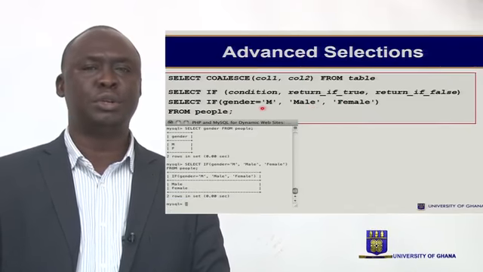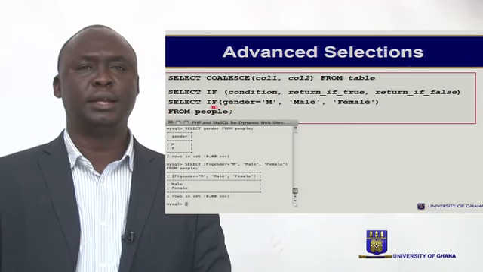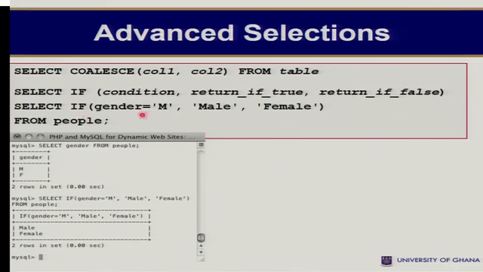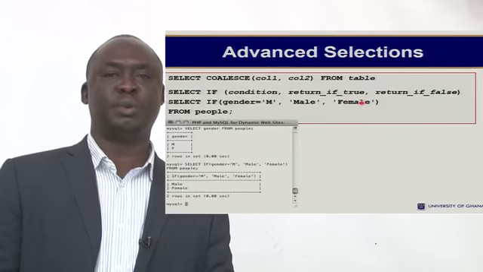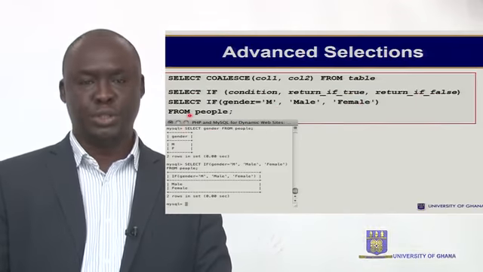I could use this conditional SELECT clause to do that. So here, you specify IF gender equals M, that is our condition. So if the data coming from the gender field is M, then we specify male as the data, else we specify female as the data, and this is coming from the people table.